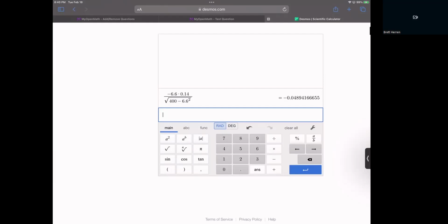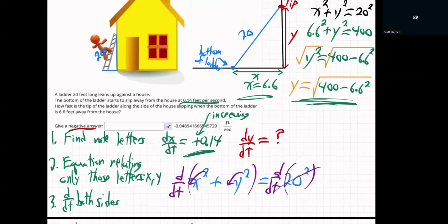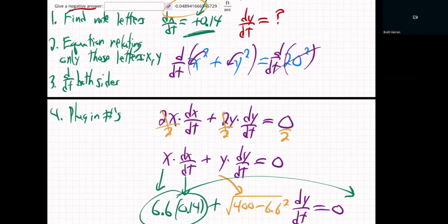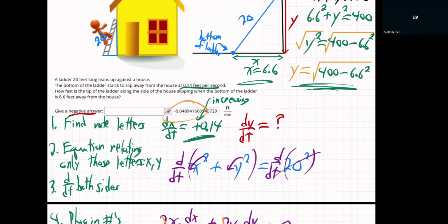So negative 0.0489 is dy/dt. That's how fast the tip of the ladder is slipping down the side of the house, about negative 0.05 feet per second at that instant. And so there we go.